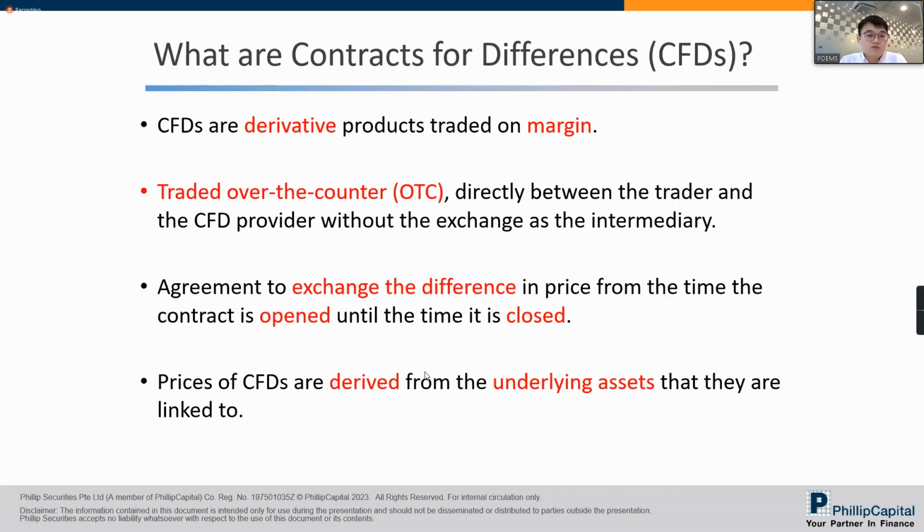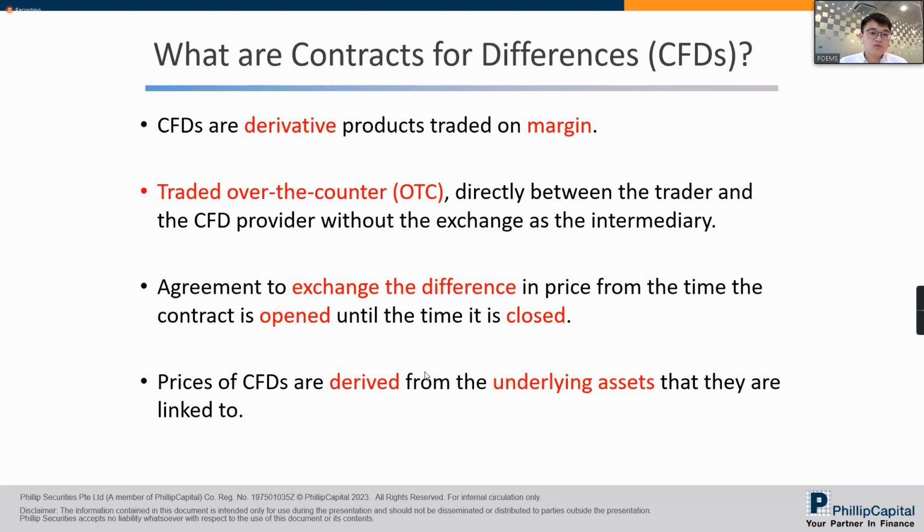Let's come to what contracts for difference are. CFD is a derivative product traded on margin, and it is traded over the counter (OTC) directly between the trader and the CFD provider, without an exchange as the intermediary. It is an agreement to exchange the difference in price from the time the contract is opened until the time it is closed.